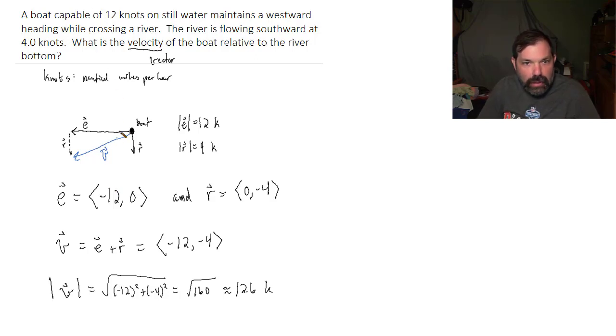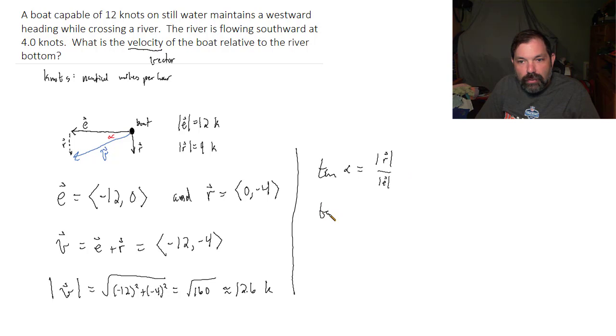Let's think of this angle right here as this alpha, and we can figure out that angle alpha. Now again, using some right triangle trigonometry, I can think, well, the tangent of alpha would be the magnitude of the r vector over the magnitude of the e vector.